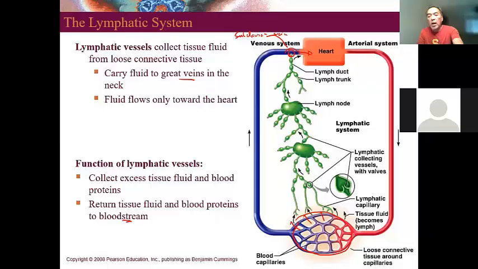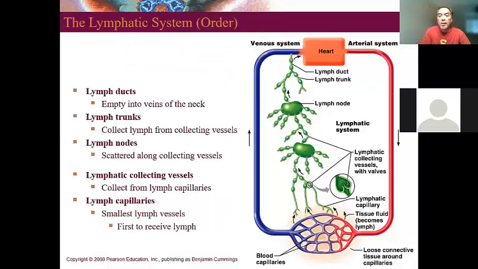So if you take a look at the anatomy of the lymphatic system, you'd start off with the lymph capillaries. The capillaries have leaks, okay? It leaks the fluid down to the tissue, and you would actually have to carry it back to the vein.